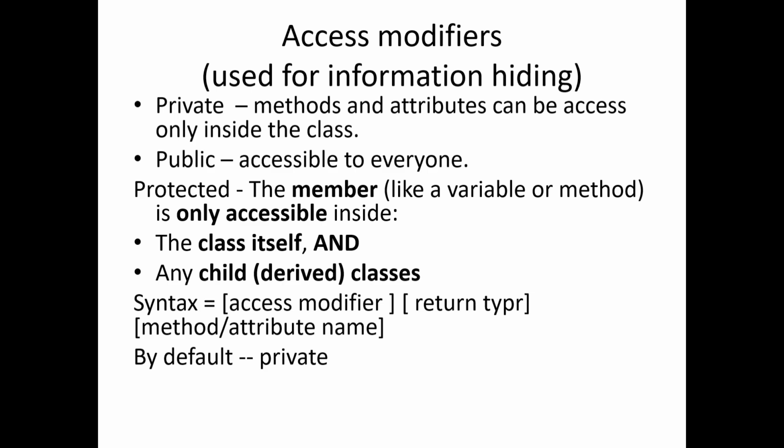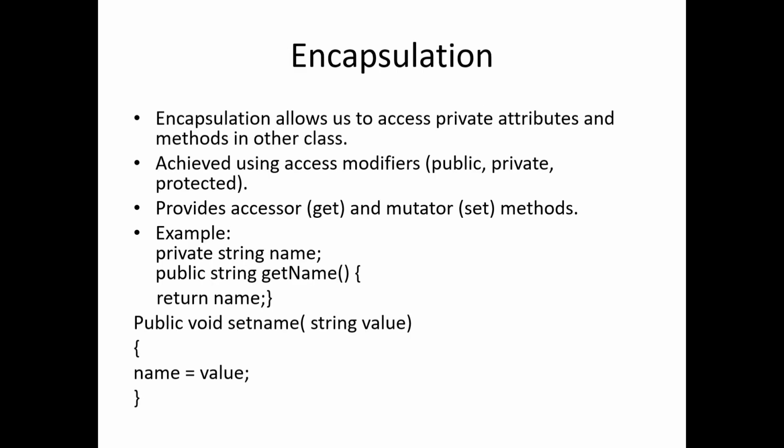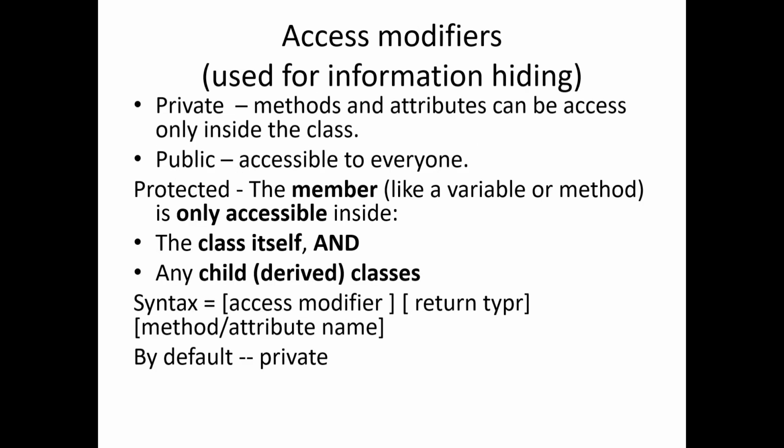So what is the syntax of declaring an attribute with an access modifier? First we will write the access modifier, either private, public or protected, then the return type, and then the method or attribute. For example, we have written public void showName. So showName is a method.